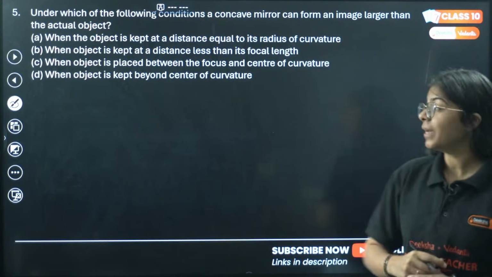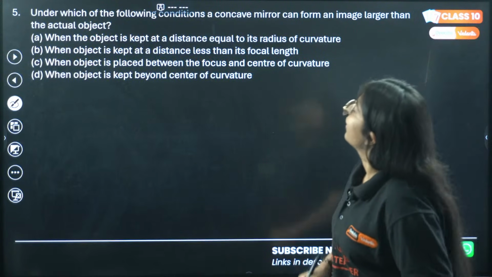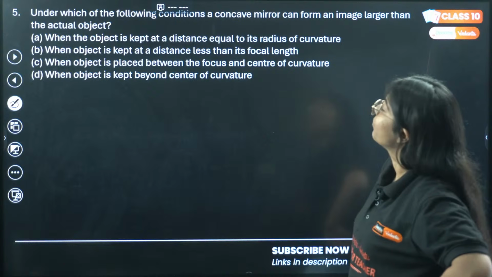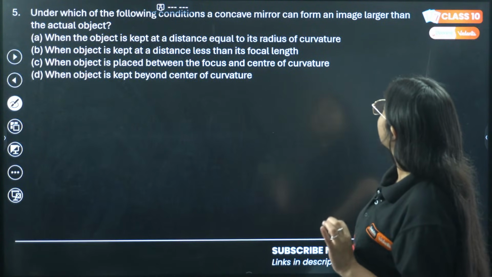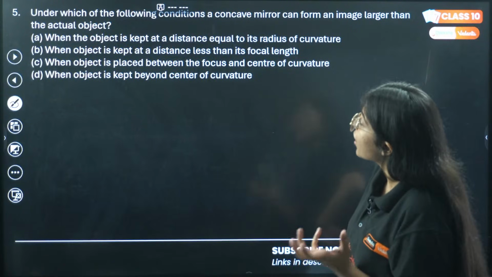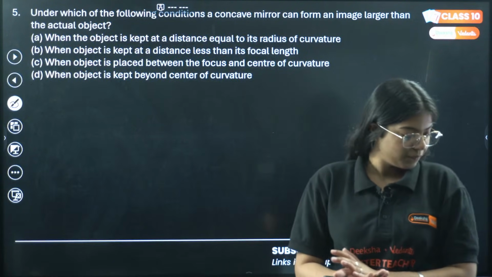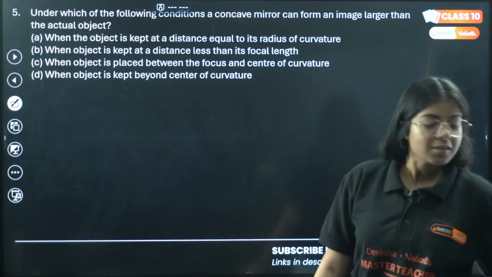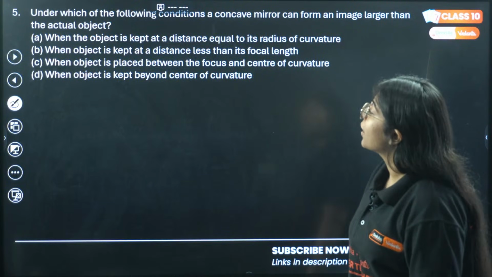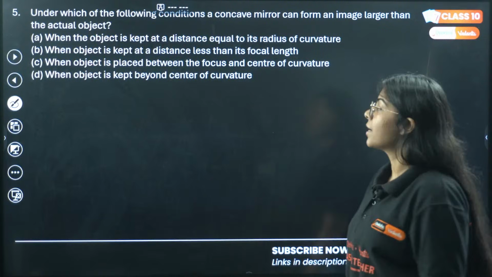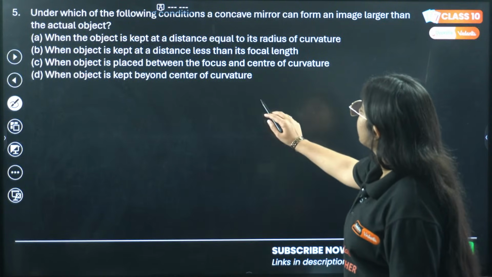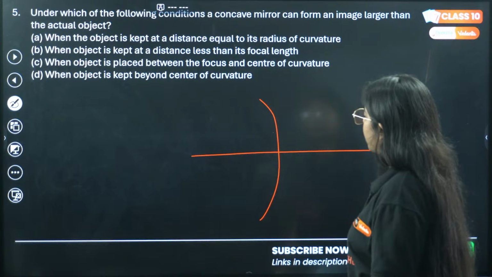Rohit is saying B. Okay, did I read the question? Under which of the following conditions can a concave mirror form an image larger than the actual object? Under which conditions can the concave mirror make an image larger in size than the object? This is my concave mirror, okay?